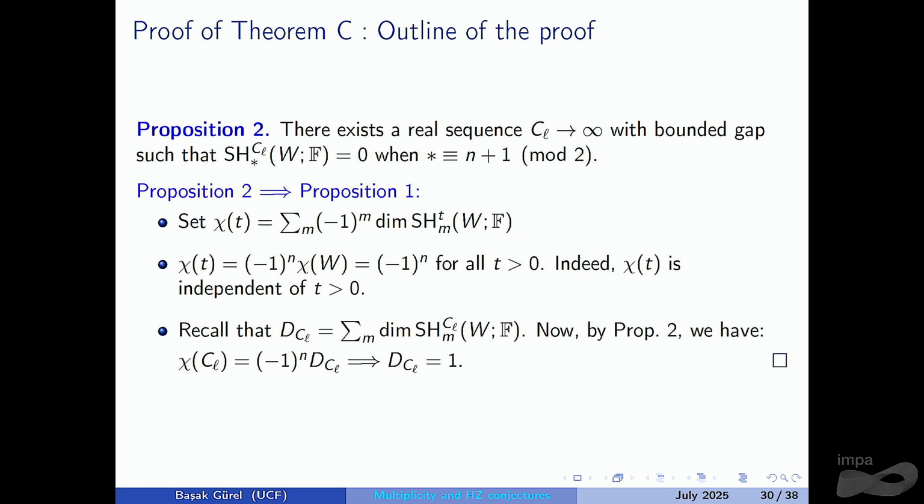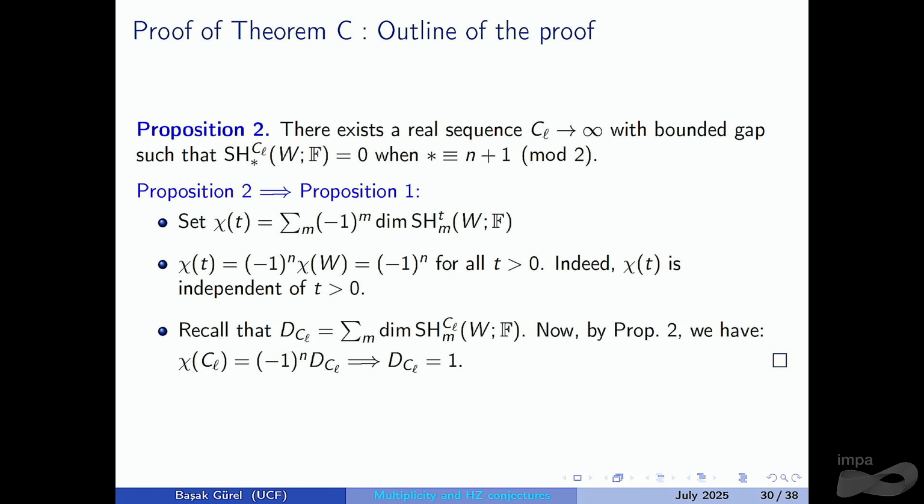So to prove this, let's form this Euler characteristic. Then let's observe that in fact this quantity is independent of t. Again, if you pick t small enough, you will only pick up the one coming from the domain. So in fact, it has to be minus 1 to the power n.